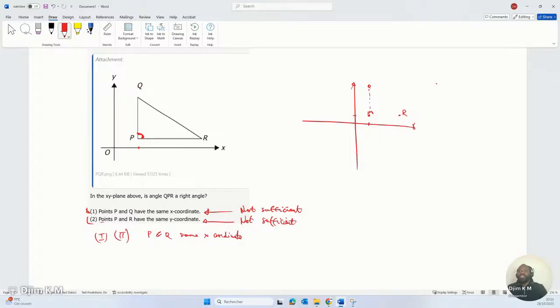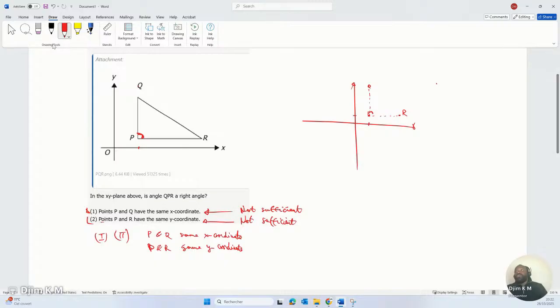And then we know that P and R also have the same y coordinate. So this will definitely be a right angle.